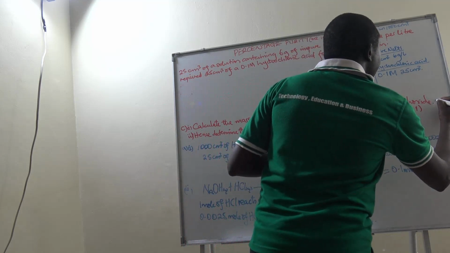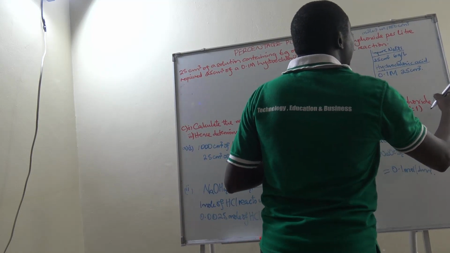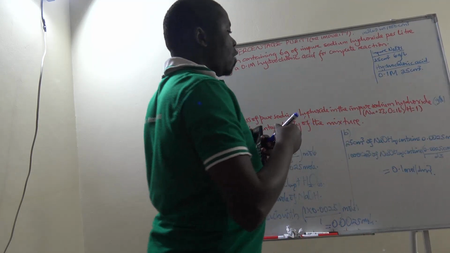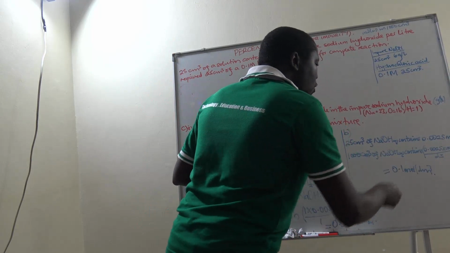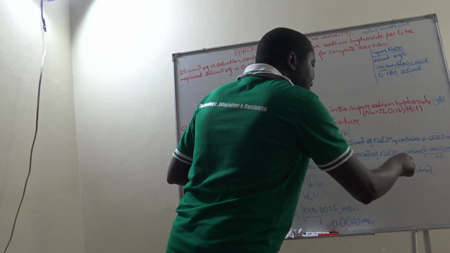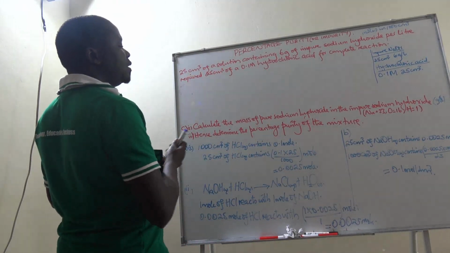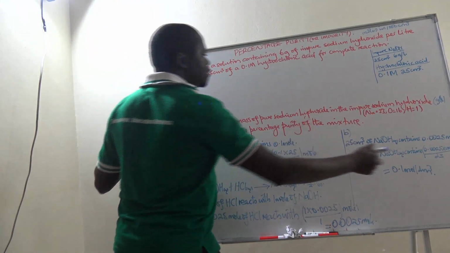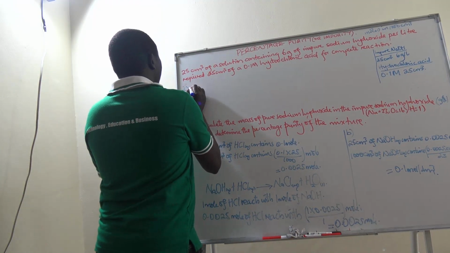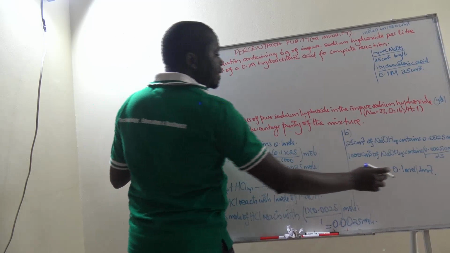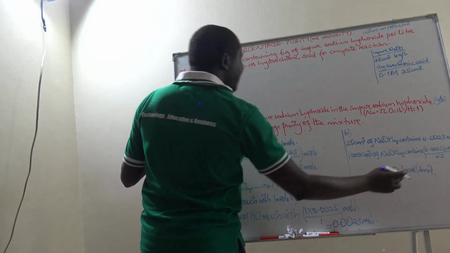This one is the same as the concentration in grams per liter, the mass in 1 liter. Now, what do we have? We have the moles in 1 liter. So what we are going to do is just to convert these moles into mass. So it will be the mass in 1 liter, which is what is required in this case. So in C, Roman 1, we are going to convert the value of molarity, which is 0.1 moles per cubic decimeter, to mass.